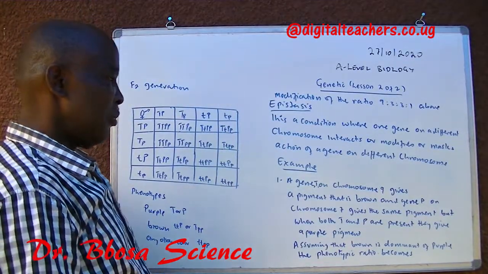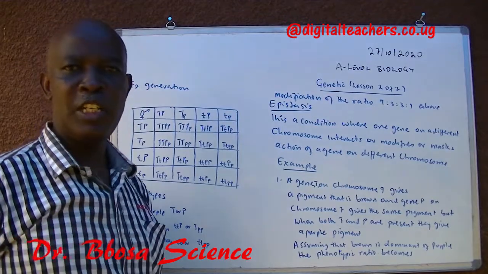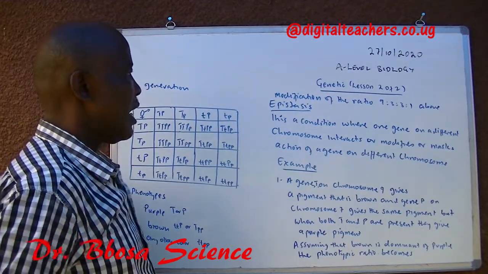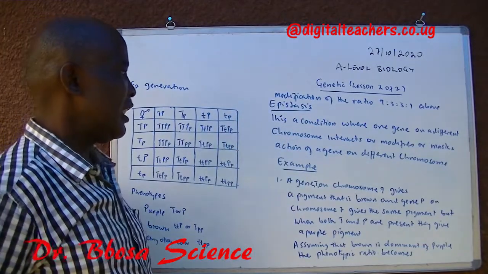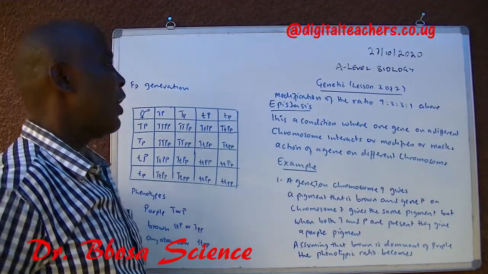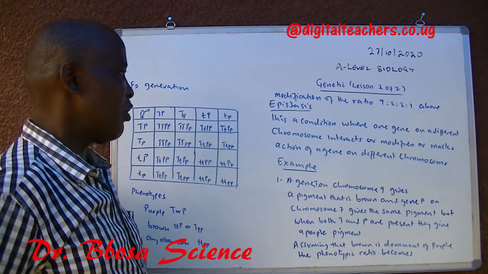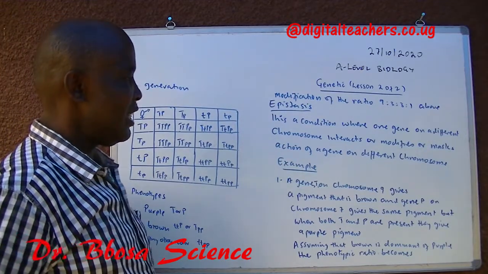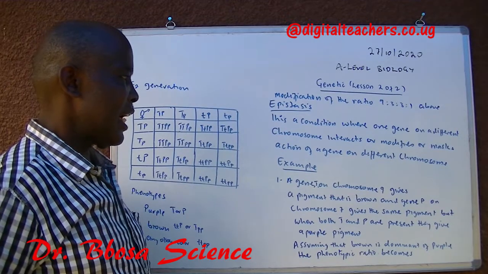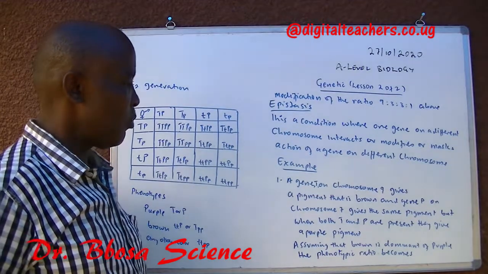Modification of the ratio 9 to 3 to 3 to 1 above: epistasis. This is a condition where one gene on a different chromosome interacts, modifies, or masks a gene on a different chromosome.